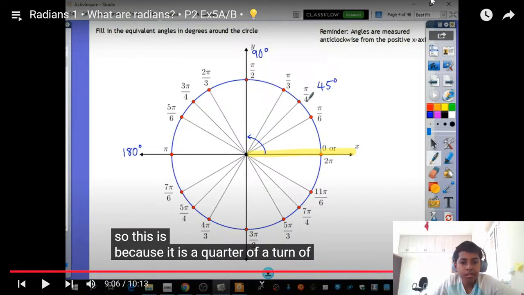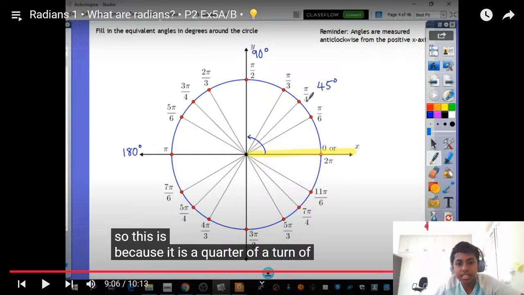The angle of half a circle is equal to 180 degrees, and you also know that the number of radians in half of a circle is pi.